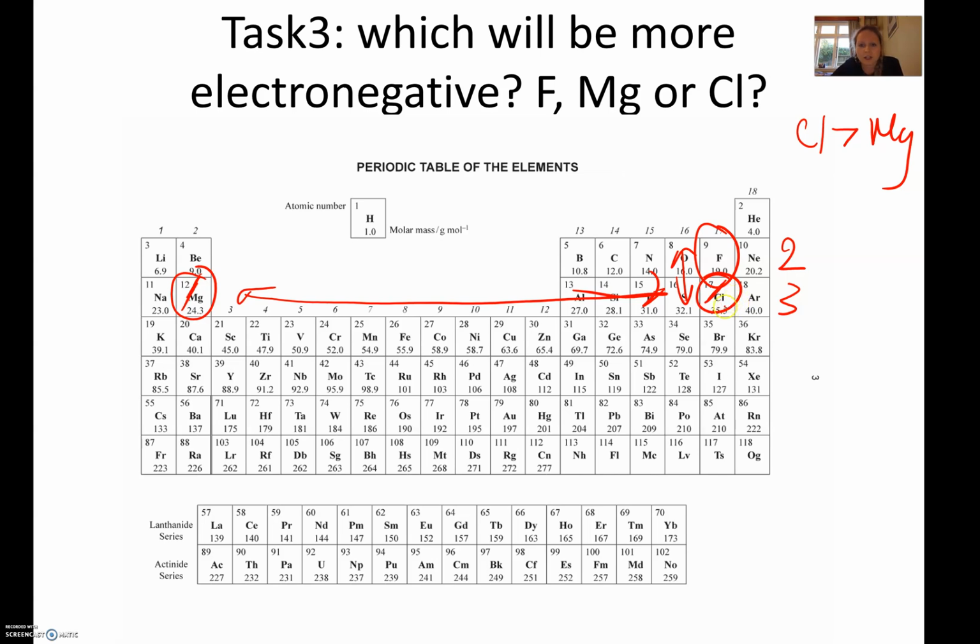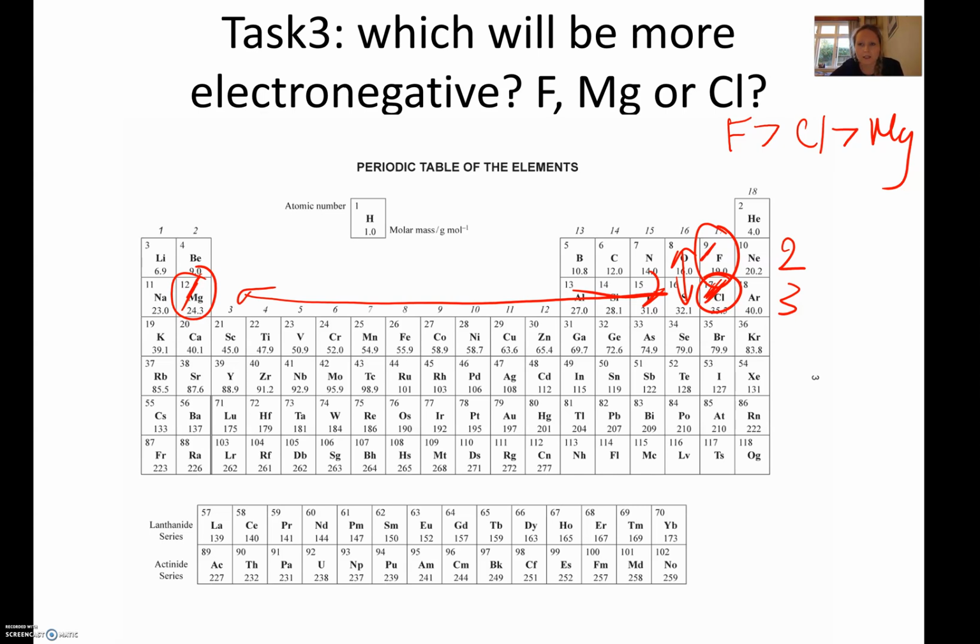This means the electrostatic attraction between bonded electrons and the nucleus will be less, and therefore electronegativity will be less. Despite the fact that chlorine has 17 positive protons and fluorine has 9, and therefore chlorine has a greater nuclear charge, this has less of an effect compared to the increased number of energy levels. So therefore, fluorine will have a greater electronegativity than chlorine, which will have a greater electronegativity than magnesium.